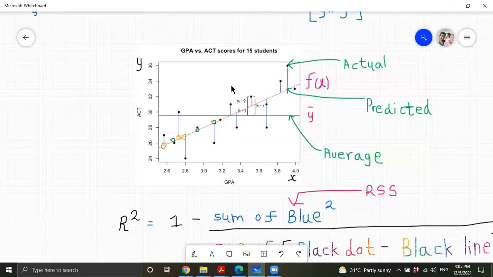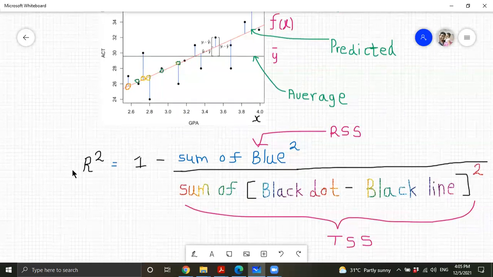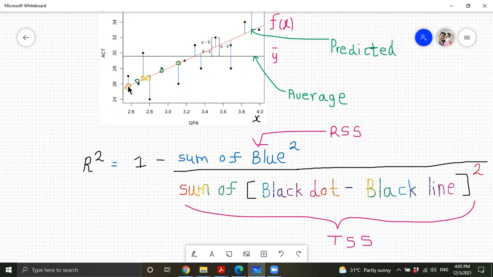Once we find these blue lines and the black line, we can get R square, or the coefficient of determination, which is 1 minus RSS over TSS. For the RSS term, we take the lengths of the blue lines, square them and add them together. If one is 1, 1 squared, plus here 3, 3 squared, plus here 2, 2 squared, and so on for all the points.